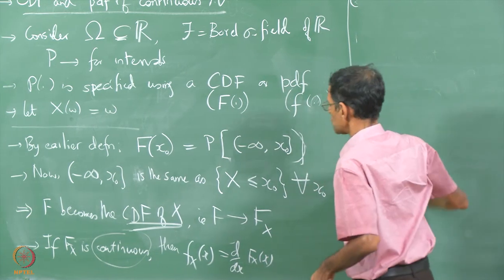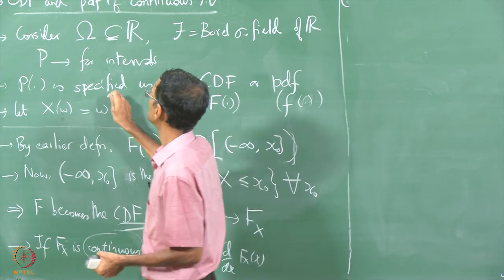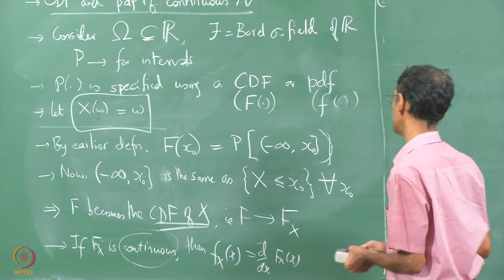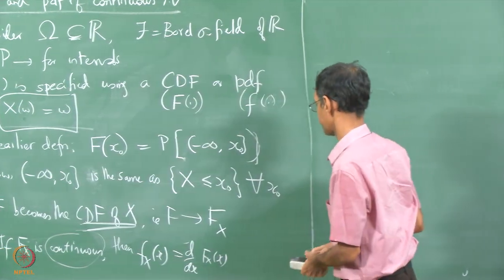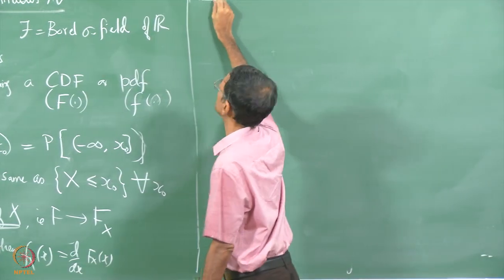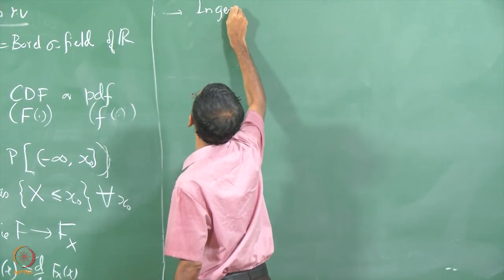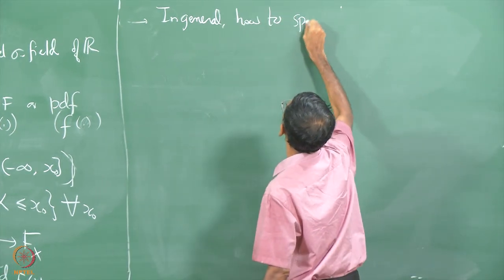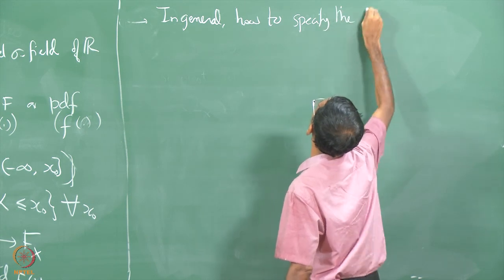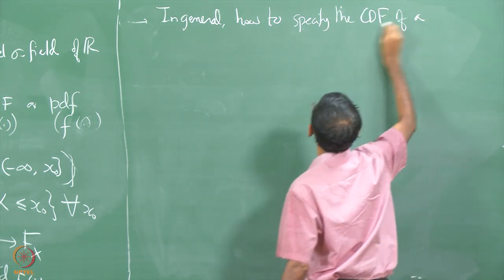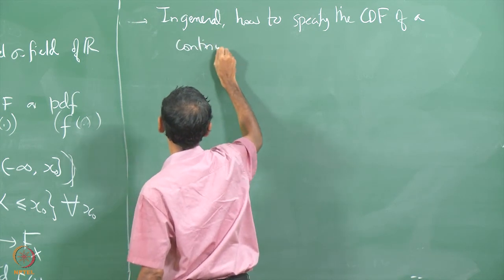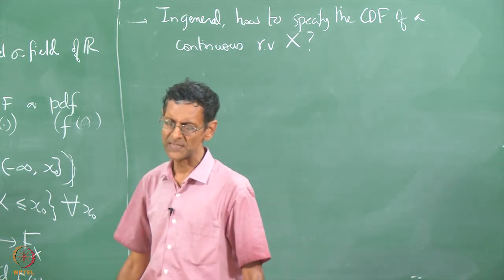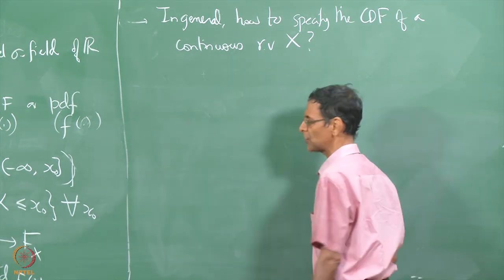Okay. So, this is a simple case of X of omega equal to omega. What do we do in a more complicated case? In general, how do we calculate or specify the CDF of a continuous random variable X?